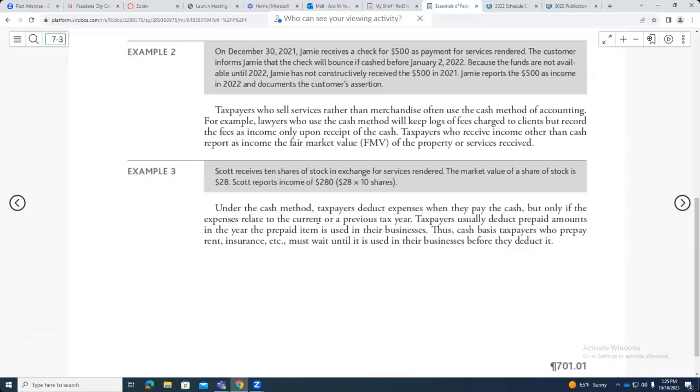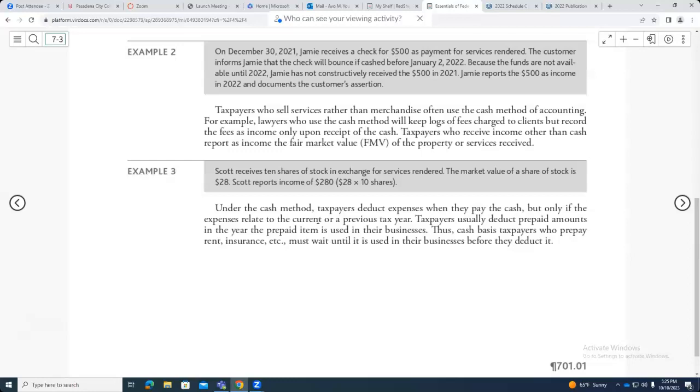Wait, so if your contract started June 2022 and you did a 1-year prepaid insurance that would end June 2023, you recognize only the insurance that has expired for that year.